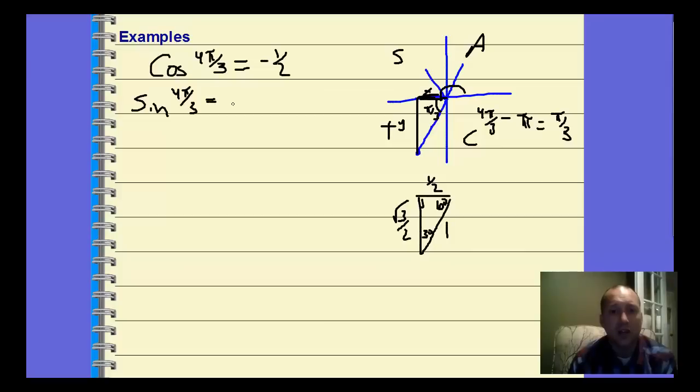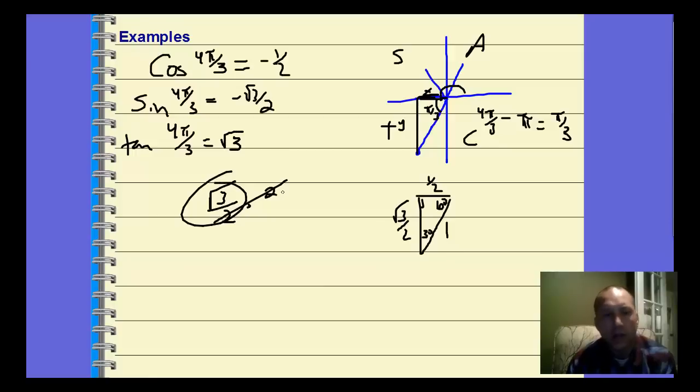The sine is -√3/2, and then I know the tangent of that value is found by dividing these two. So the opposite, √3/2 divided by 1/2, which ends up being just √3. You can show that work if need be. The √3/2 divided by 1/2 means multiplied by the reciprocal, those reduce out, I get √3. And so those are the trig functions for that angle, cosine of 4 pi thirds.